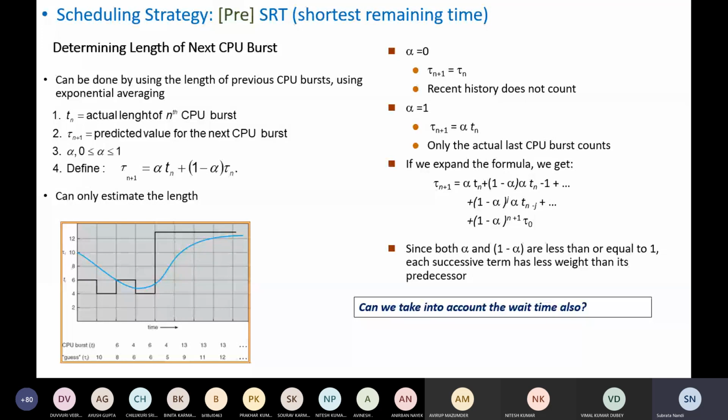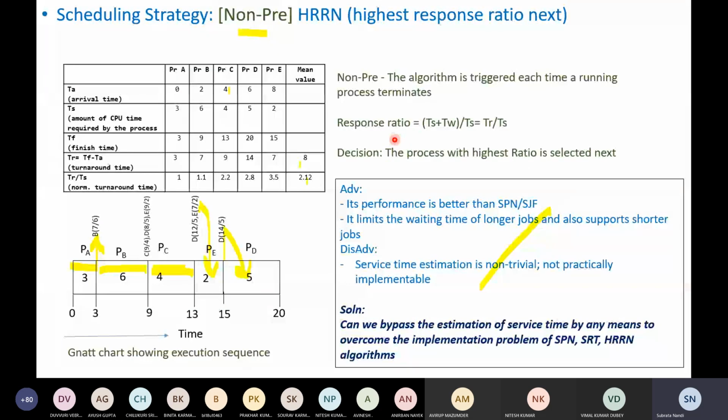So definitely the next possible change that we can think of is highest response ratio next, which takes into account both the service time and the wait time. So this is what we found, the response ratio. As you can see here, this is the service time and the wait time taken together, and this is the highest response ratio next, and the decision was the process with the highest ratio will be selected next.